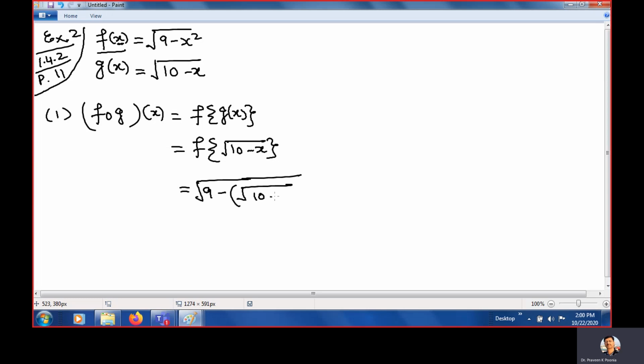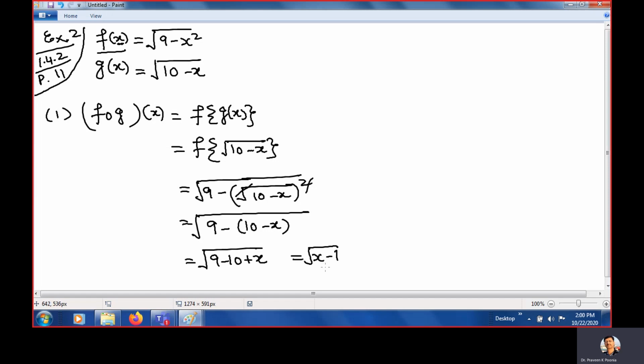It is 10 minus x, and the whole square. So 9 minus, the square root is cancelled by the square. So we get 10 minus x. And this equals 9 minus 10 plus x. If you simplify this, you get x minus 1. Got it? This is the first thing they need.